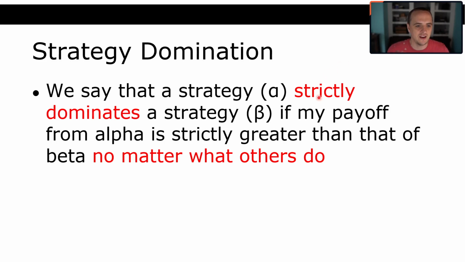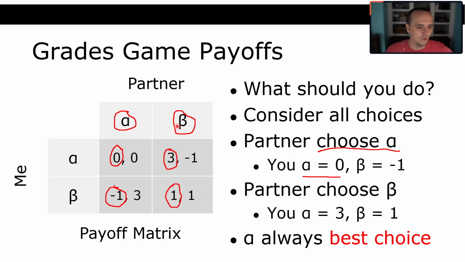So we say that a strategy, alpha, strictly dominates a strategy beta if my payoff from alpha is strictly greater than that of beta, no matter what the other players do, right? So that means no matter what the other player does, alpha is always better. And so in that case, alpha strictly dominates beta, okay?